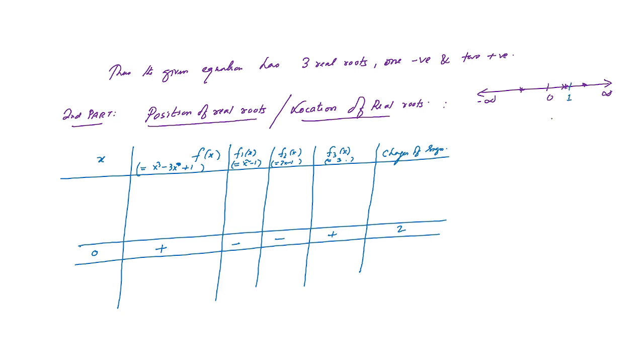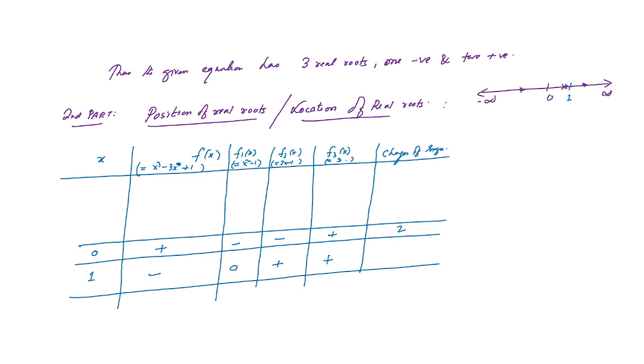We take 1 here. If we put 1 in the cube minus 3, so 1 minus 3 plus 1, that means 2 minus 3, so it will be minus 1, that means negative. If we put 1 here, it will be 0. So 0 is just considered as omit. 0 has no sign. Then if we put 1 here, it will be positive. If we put 1 here, again it will be positive.